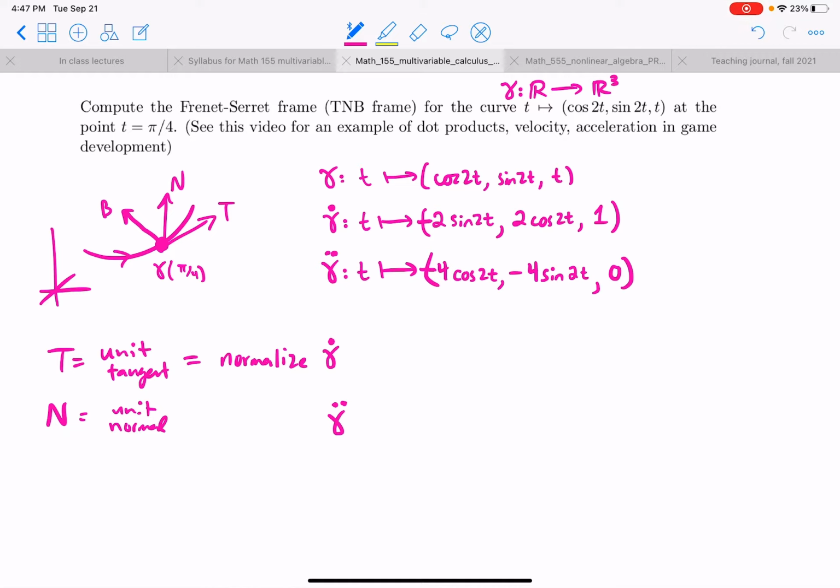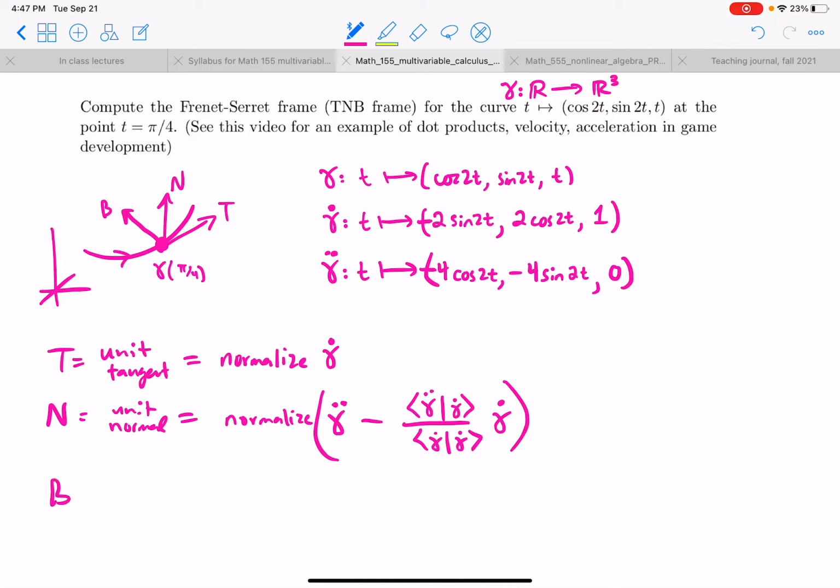But what we do is we take the acceleration and we remove the piece that's in the direction of the velocity by doing this formula, which we know quite well at this point. Okay, and then to get the unit normal, so that it has length 1, this vector N, we have to normalize this whole thing.